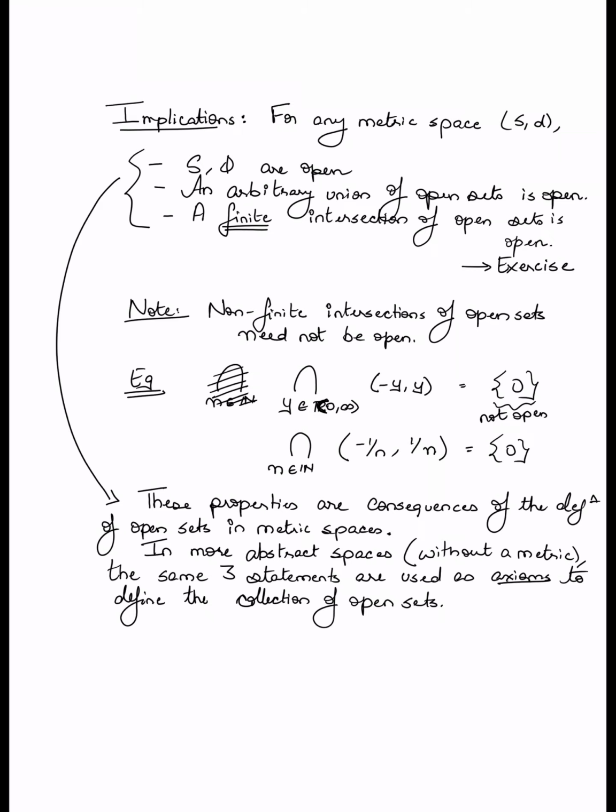So you have to come up with a collection of sets which satisfy these three properties, and that collection of sets defines the collection of open sets. This collection of open sets in the more general context is also referred to as a topology. The study of such spaces, where the collection of open sets is defined such that it satisfies these three axioms, is called the study of topological spaces.